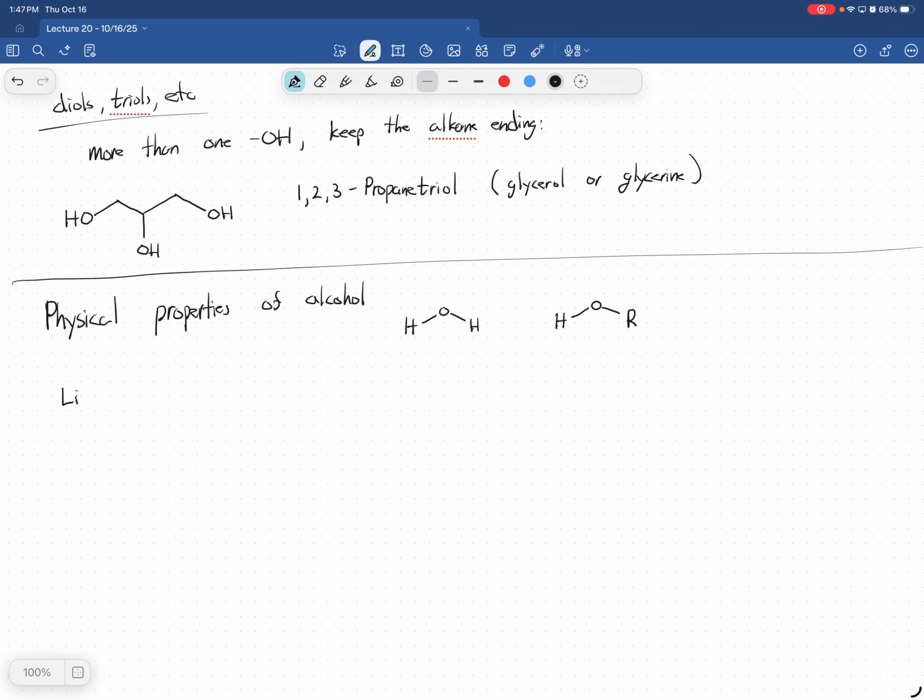So here we're going to say like water, alcohols are polar and capable of making hydrogen bonding interactions.